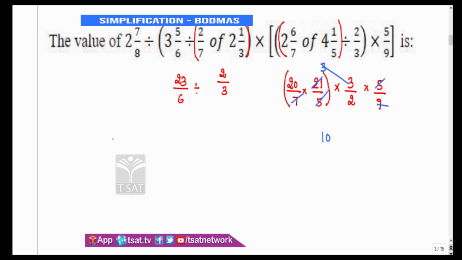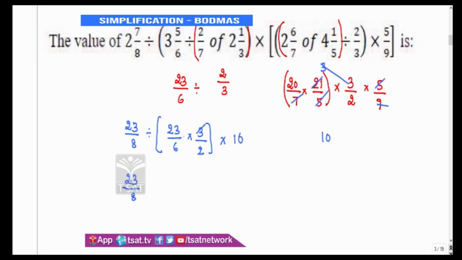Then come to the first one. This is 16 plus 7, 23 by 8 divided by, you have 23 by 6 into 3 by 2. Then after into, this whole bracket is 10, so make it 10 here. So it's 23 by 8.